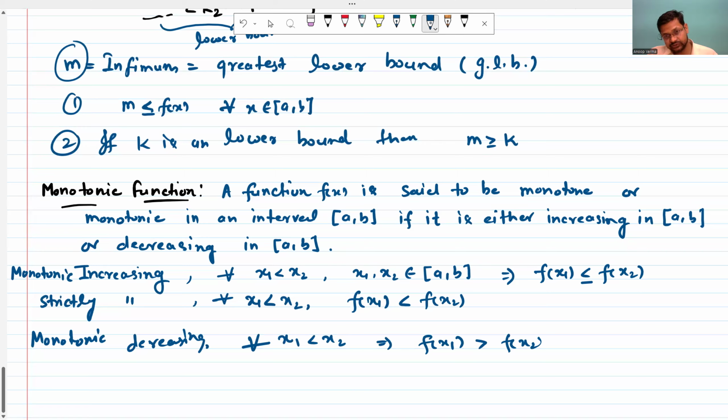It means the value of x is increasing but the value of the function is decreasing, f of x1 is greater than or equal to f of x2. Strictly decreasing means f of x1 is strictly greater than f of x2. Okay, so whatever function is strictly increasing or decreasing throughout the interval, that function is called monotonic.